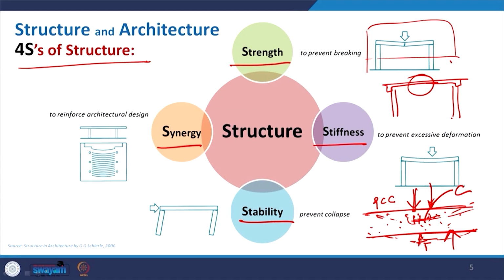And let me tell you one thing, about plain cement concrete. The property of concrete is that it has good compressive strength. So, in compression it will sustain, but not in tension, and tension is developed at the bottom. So, in order to overcome this, we have to reinforce it with some material having higher tensile strength value, and that is why we put reinforcement.